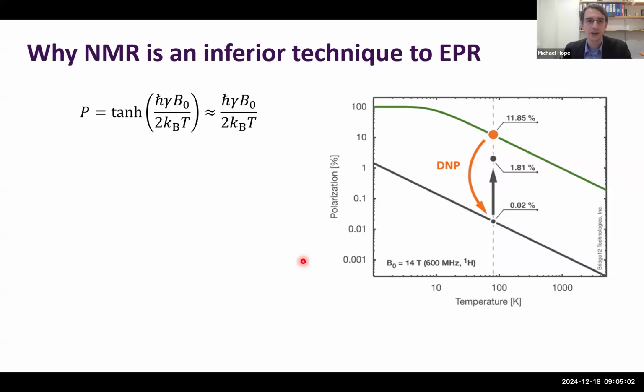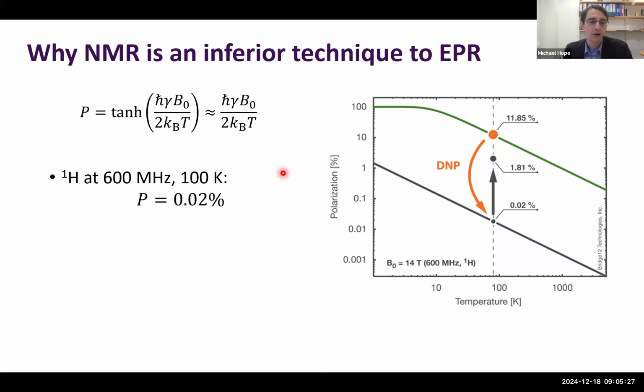As a motivation to start with, we can talk about why NMR is clearly an inferior technique to EPR. Of course, this relates to the sensitivity, which is always a problem for NMR. Our sensitivity depends on our polarization, which depends on the gyromagnetic ratio, the magnetic field, and the temperature.